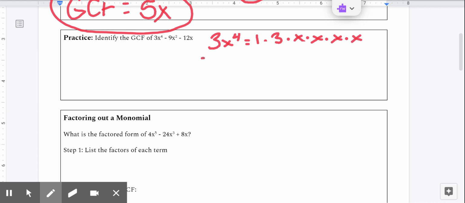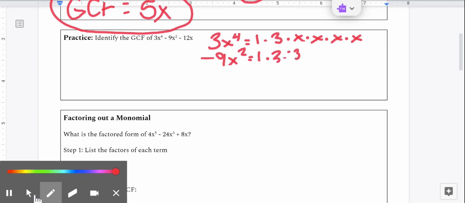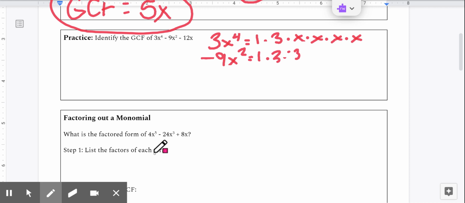For negative 9x squared, that's going to be a 1 times 3, and then you need a negative 3 also. You can put that negative anywhere you want. If you want to put it on the 1, you can, or you can put it on one of the 3's. So 1 times 3 times negative 3, and then 2 x's.